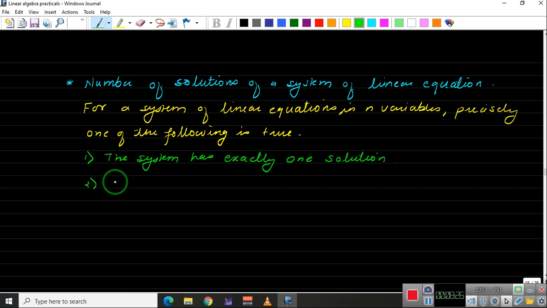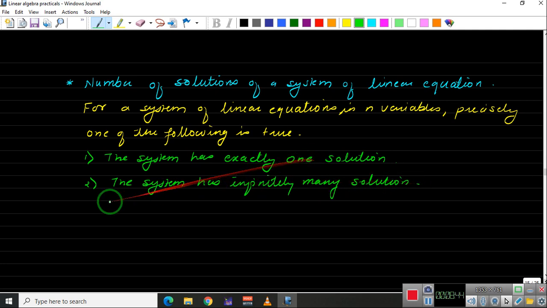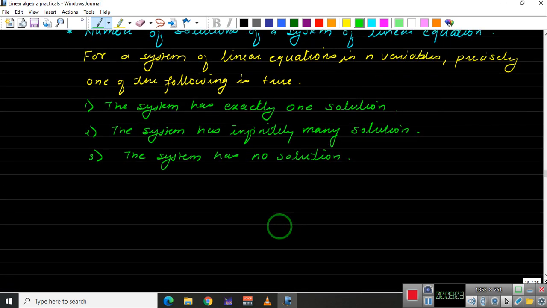Second, the system has infinitely many solutions, which again is consistent, since it has at least one solution. And third, the system has no solution, which means it is inconsistent. Again, remember, your system cannot have exactly two solutions.